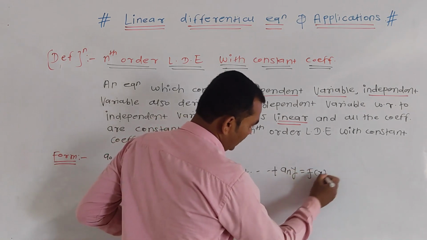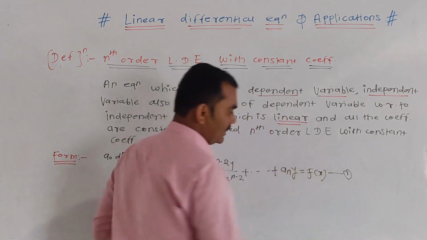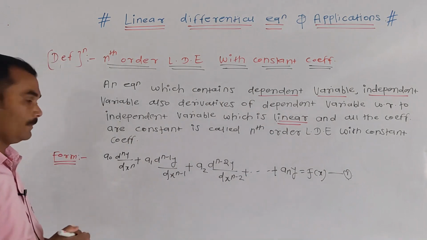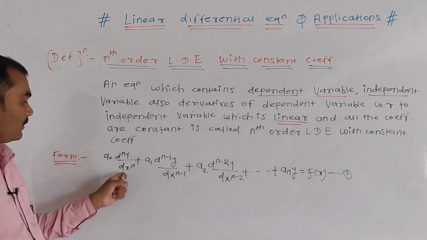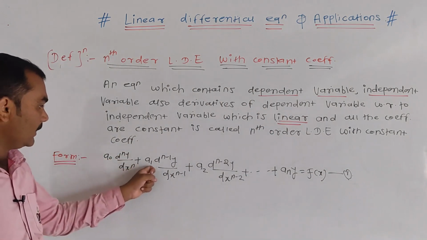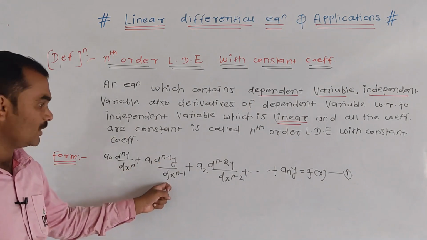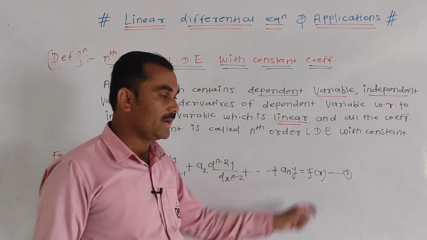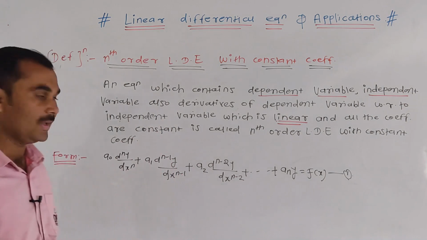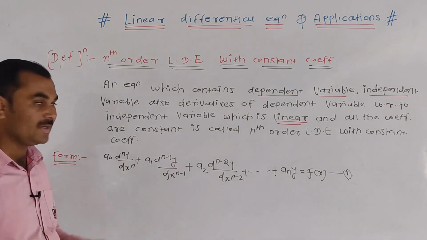This is your form of the equation. Suppose this is your equation first. Okay, here y is a dependent variable.